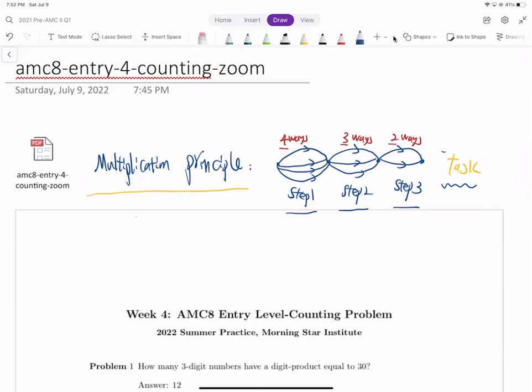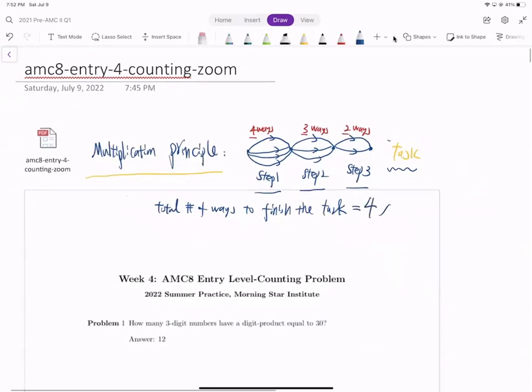Then the total number of ways to finish the task equals 4 multiply 3 multiply 2, which is 24. So it's not 4 plus 3 plus 2, which is 9. That is not correct. What you should do is multiply them together. This is called the multiplication principle.